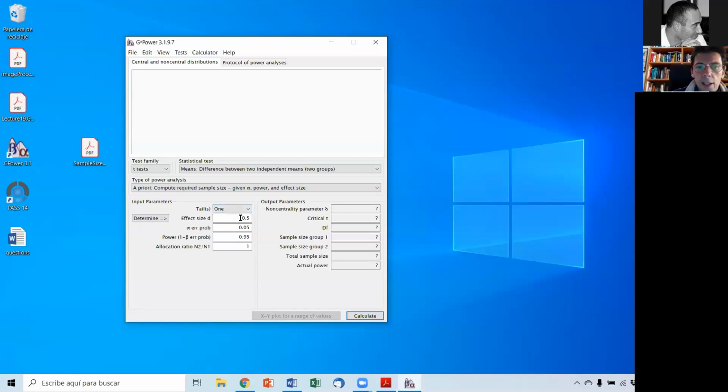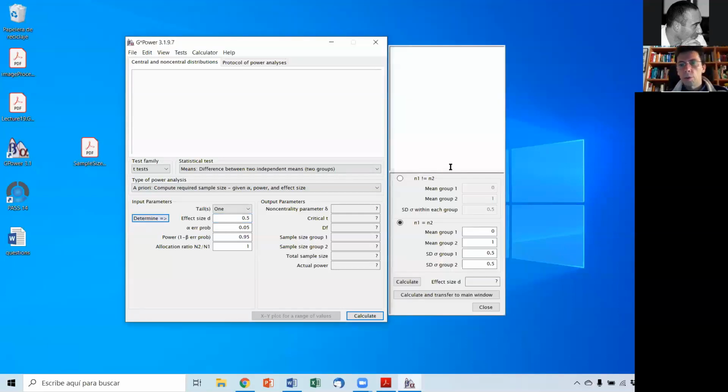And then you're asked for the effect size, and this is a normalized effect size. Normally you want to use some kind of calculator to do that. So for instance, let's say that the mean of the control group is 50. I want to detect if it goes below 25. It doesn't mean that I will do the experiment and it will go below 25.